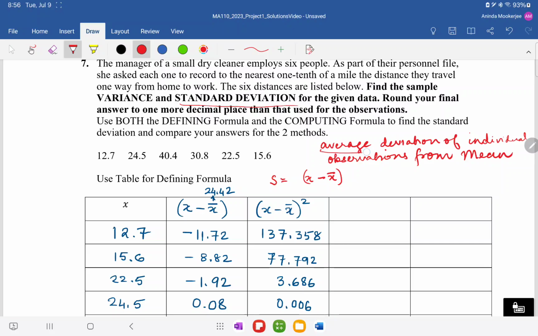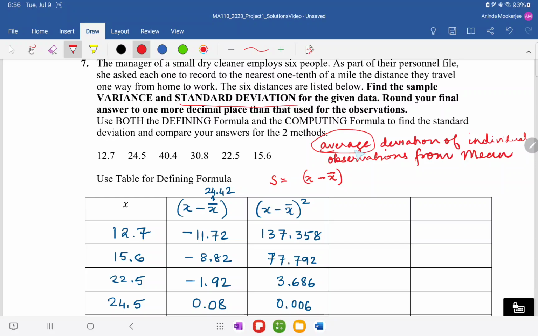But when we talk about the average, it involves the sum of all the values divided by the number of values, correct? So we are going to apply that formula of the average to find the standard deviation. So we have x minus x bar.